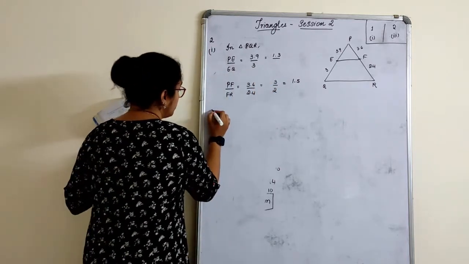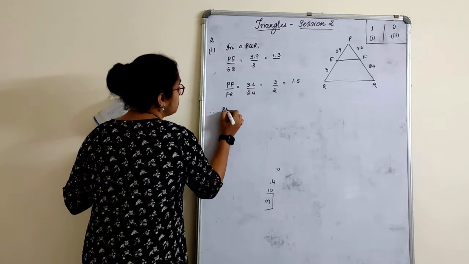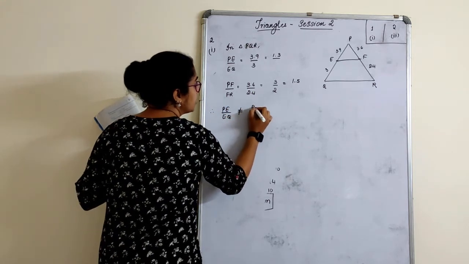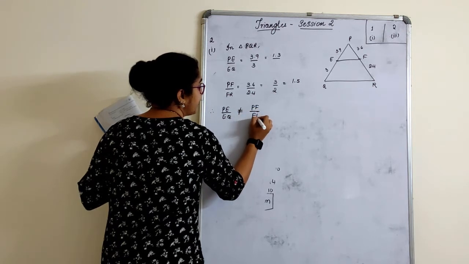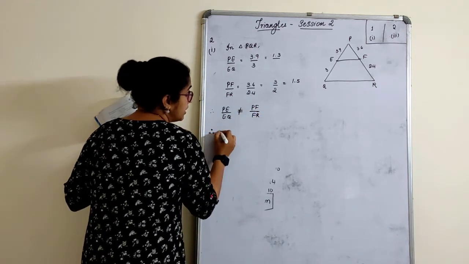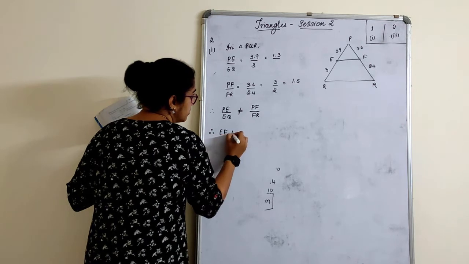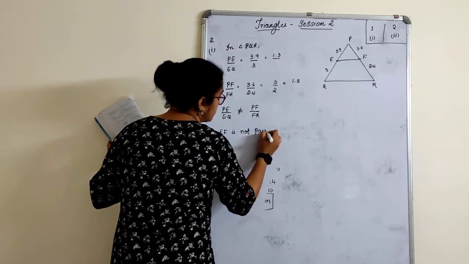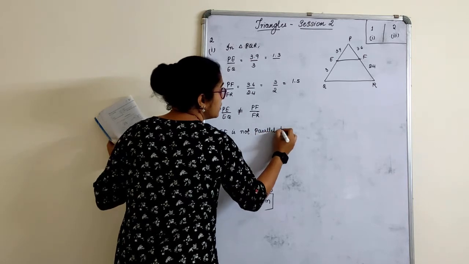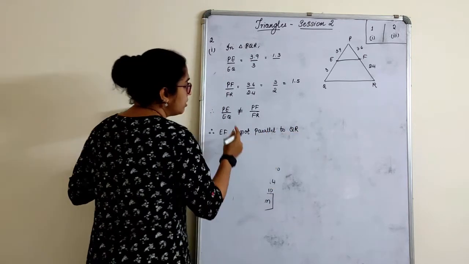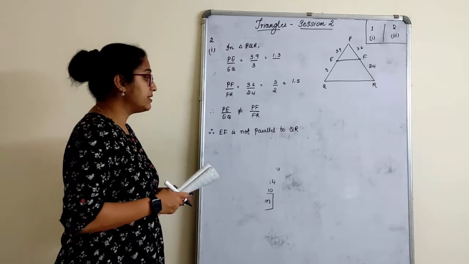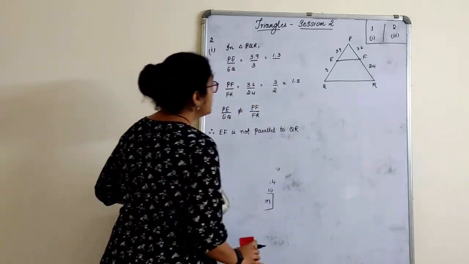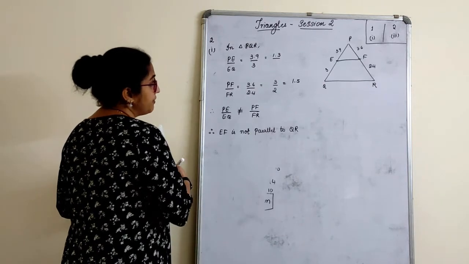No. Therefore, PE by EQ is not equal to PF by FR. Therefore, EF is not parallel to QR. Only if they are equal, then the given line is parallel by the converse of BPT that we have studied.